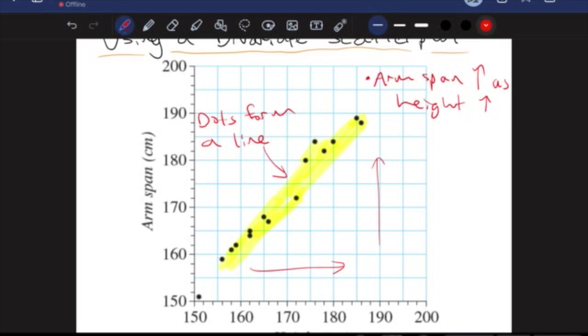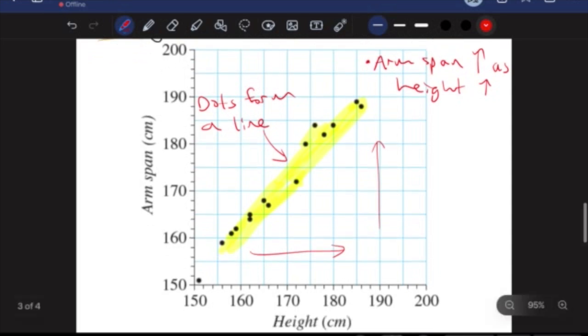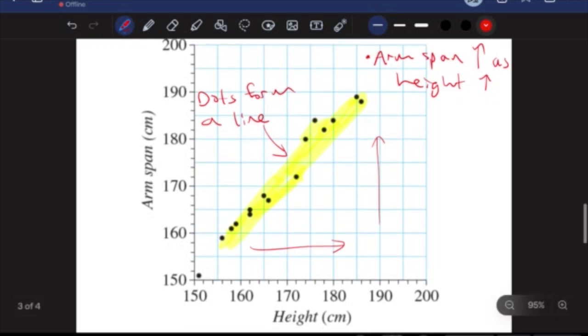Now, what does this line tell us? Well, the more packed in these points are, the more they form a line, the more we can say that there is a relationship here. Because we can clearly see that as my height's going up, my arm span is going up. And these points are telling me that because they're forming a line.